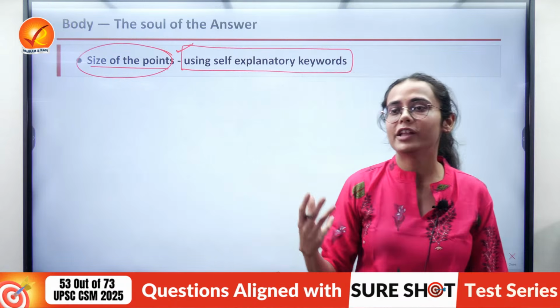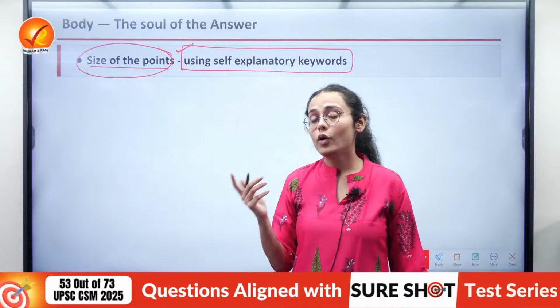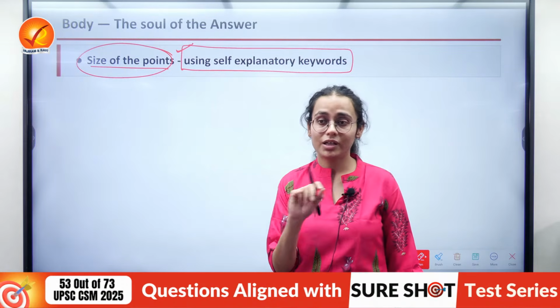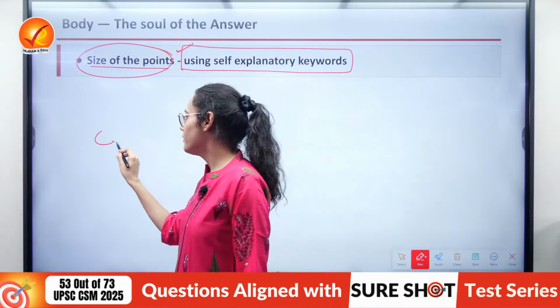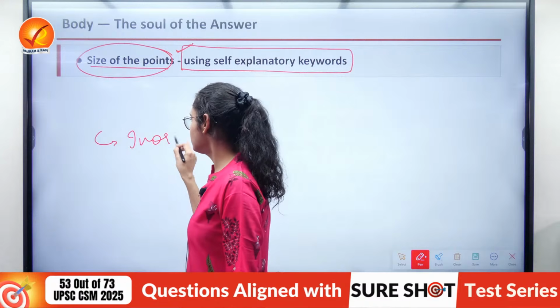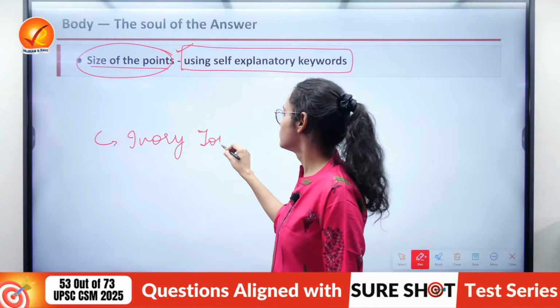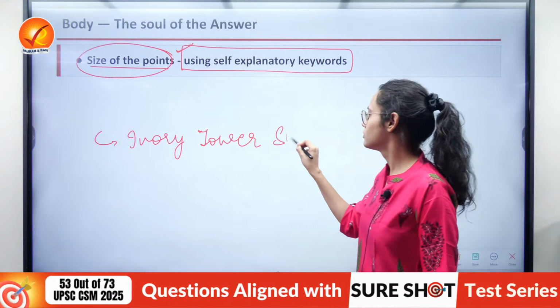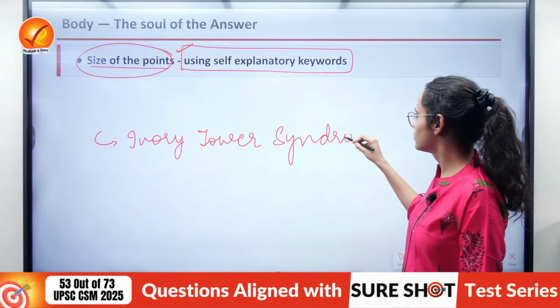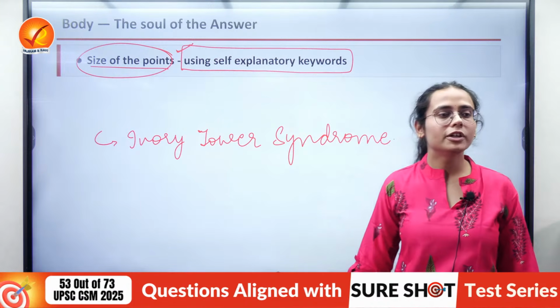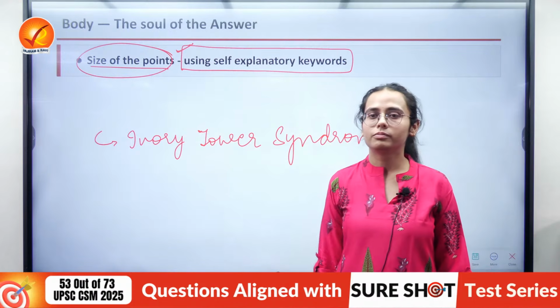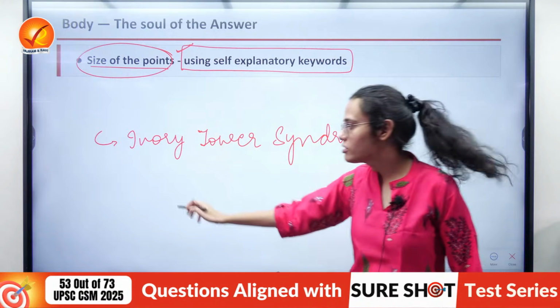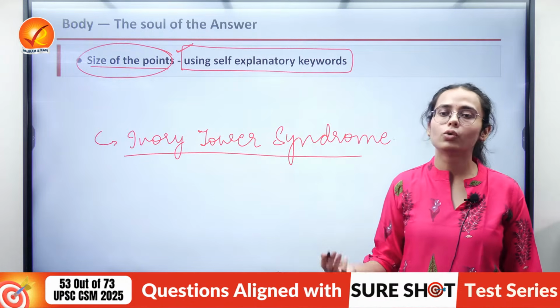They behave in a very elitist way. Now if I have to write this much in a point, let's say if I write ivory tower syndrome, it is one and the same thing. I have just summarized what I have just told you.